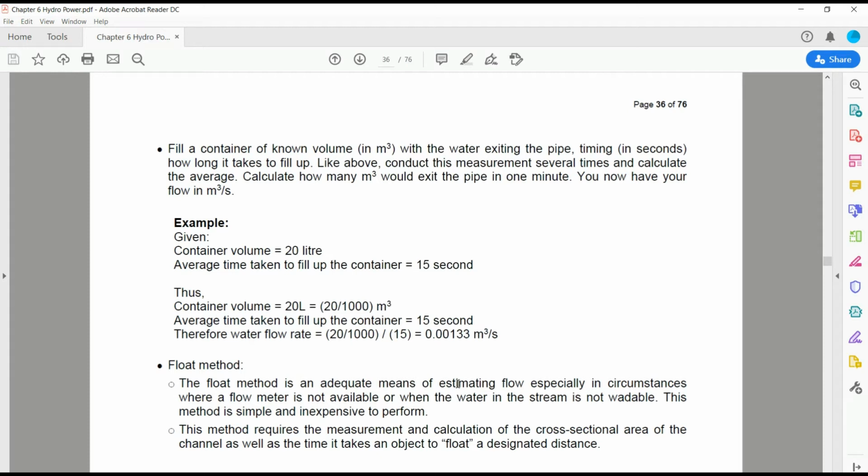This method is simple and inexpensive to perform. It requires the measurement and calculation of the cross-sectional area of the channel as well as the time it takes an object to float a designated distance.